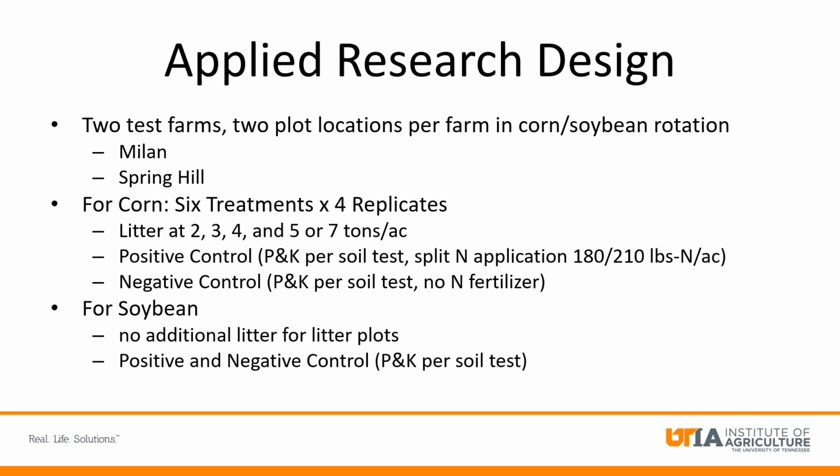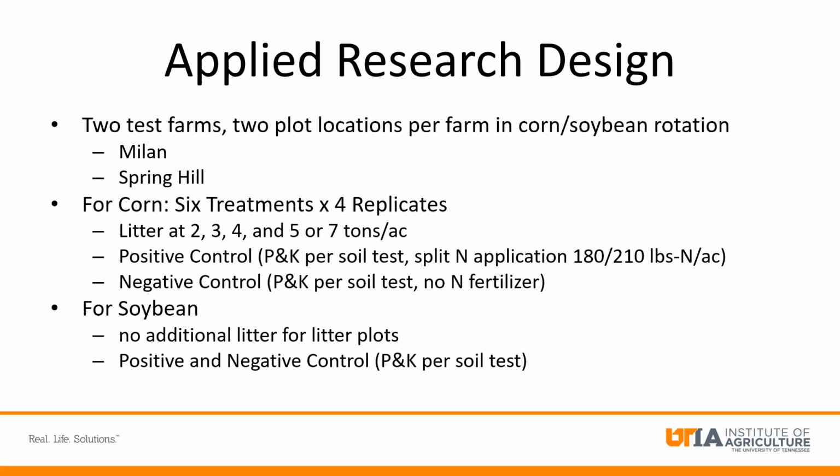For the corn, we used 6 treatments and 4 replicates per treatment. We applied litter at 2, 3, 4, and then 5 or 7 tons an acre. The 5 ton per acre rate was used at Spring Hill, where the yield potential was slightly lower than it was at Milan, 7 tons an acre being used at Milan.